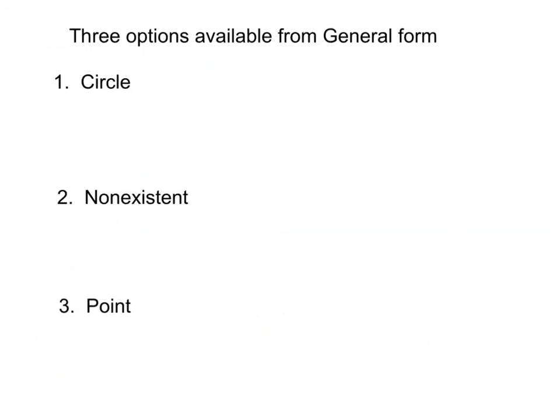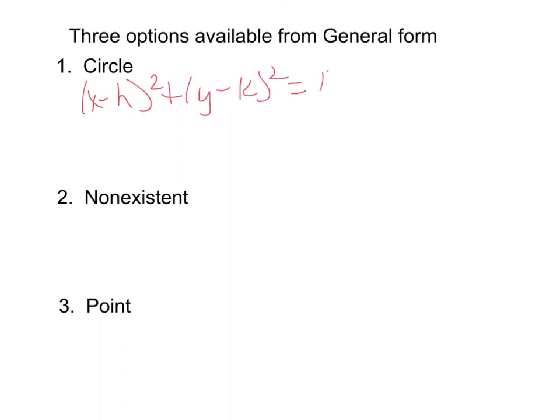Okay, we actually have 3 options available when you're converting from general form to center radius. If you actually have a circle, then you end up with x minus h squared, y minus k squared, the normal, and you're actually going to get a number for your radius. Your radius is the key to determine what type it is that you have.